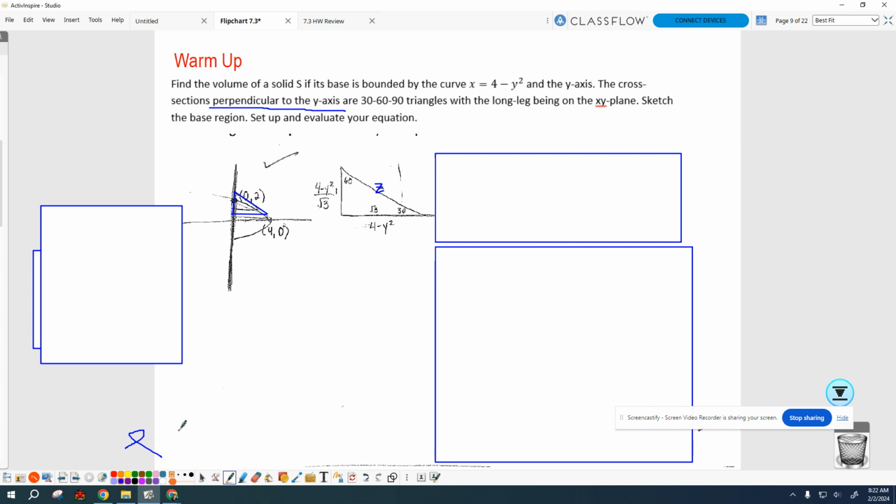Anyone get an answer? I know they're ugly. There's fractions, there's radicals, there's stuff.